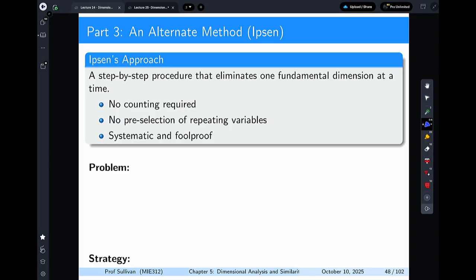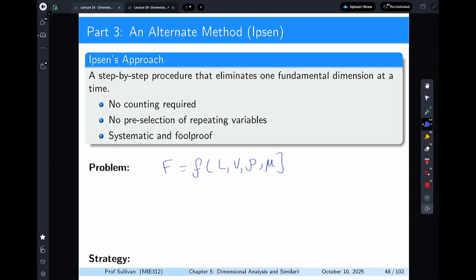So if I go back to the first one, where I had force as a function of L, V, rho, mu. So force, some sort of length scale, velocity scale, density, and viscosity.